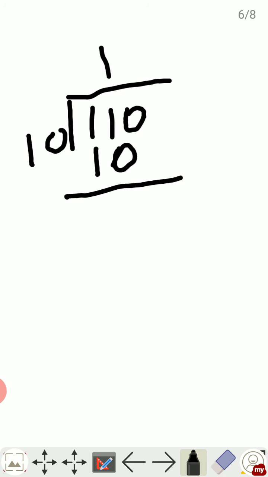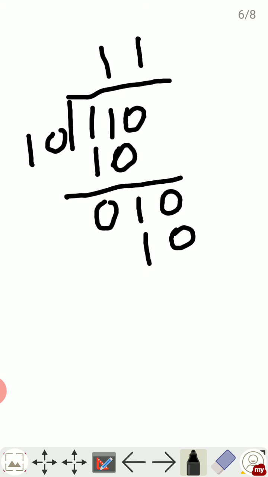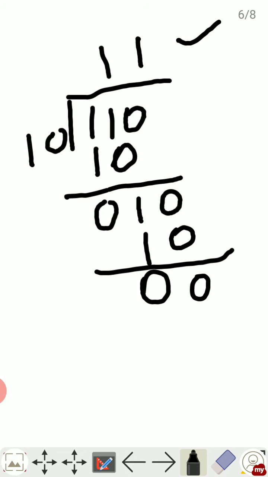Now find the difference. 1 minus 0 is 1. 1 minus 1 is 0. Now again this 0 will come down. So this will go again 1 time, 10 into 10. So now the remainder is 0. So our answer will be 11.